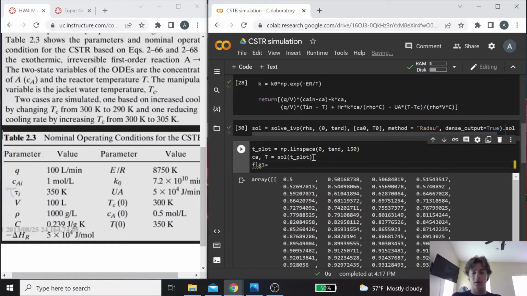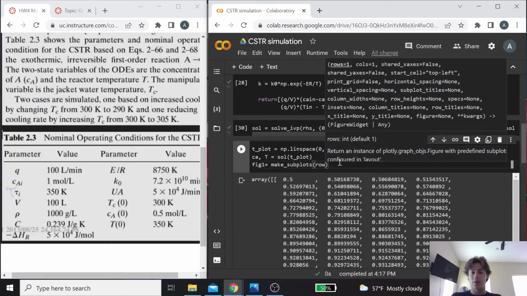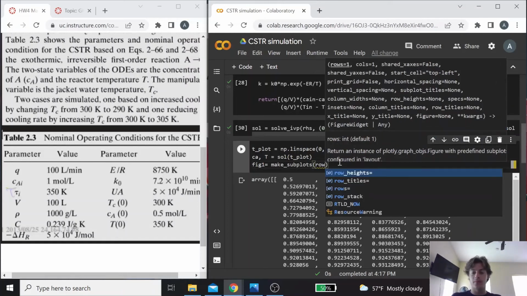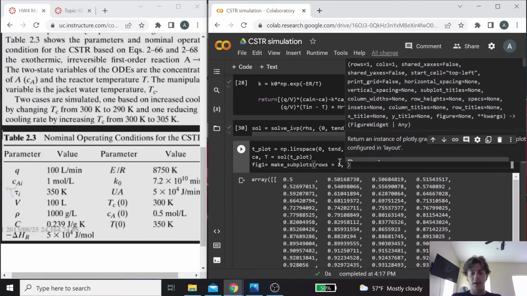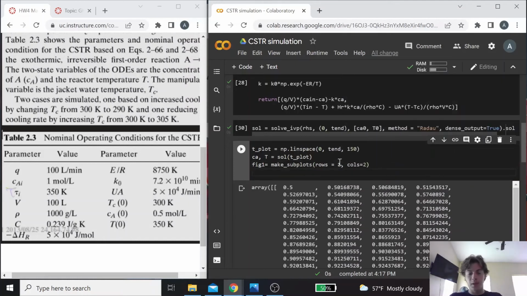So figure 1 will be make subplots. And I'll graph these next to each other. So we'll have one row and two columns. So now I'll add our first scatter plot.